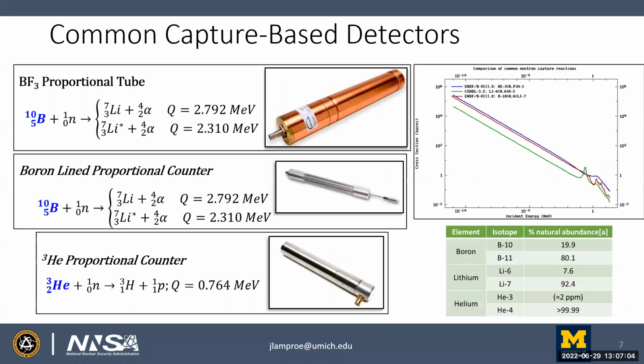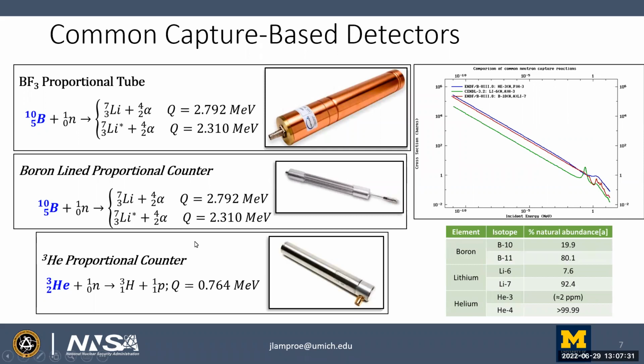Some common capture-based detectors are the BF3 proportional tube, as well as the boron-lined proportional counter. These both use the boron capture reactions to produce lithium and an alpha, and they have large Q values for each of the sub-reactions that are possible. Then there's the helium-3 proportional counter, which uses the helium reaction.